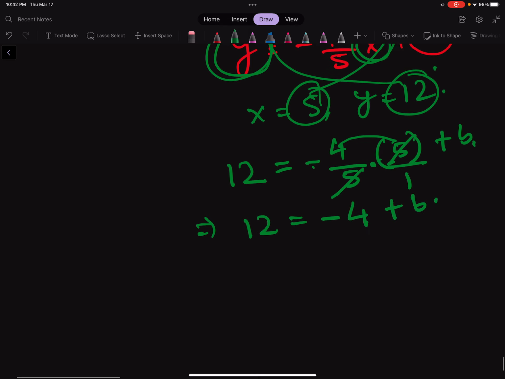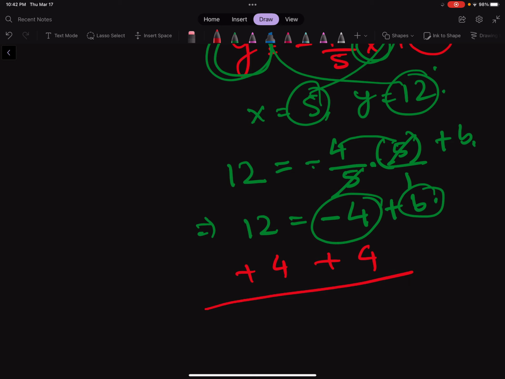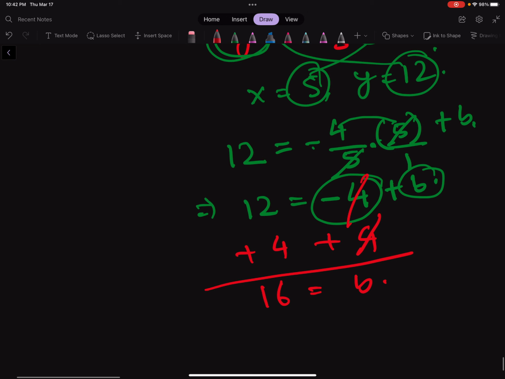Wow, nice number. I need b, so I need to cancel out this negative 4. I add 4 on both sides. So I have 16 and I have b. This cancels, so my b is 16.